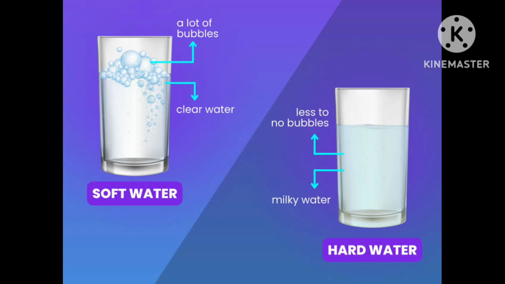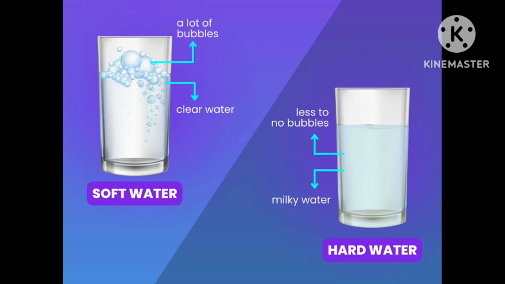Now, hardness of water can be classified as temporary hardness and permanent hardness. Temporary hardness is also called carbonate hardness. Temporary hardness is caused by the presence of dissolved bicarbonate of calcium and magnesium.